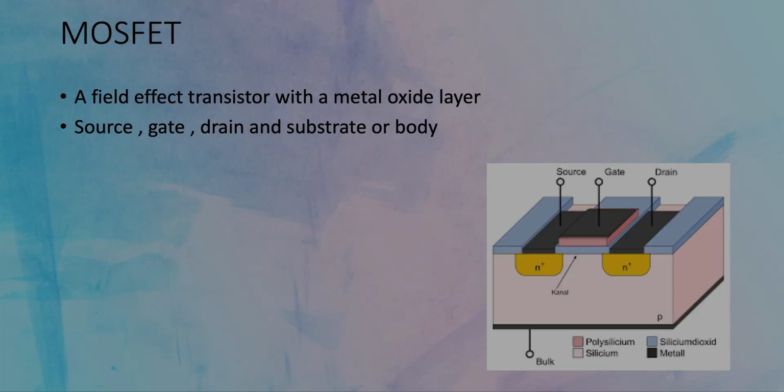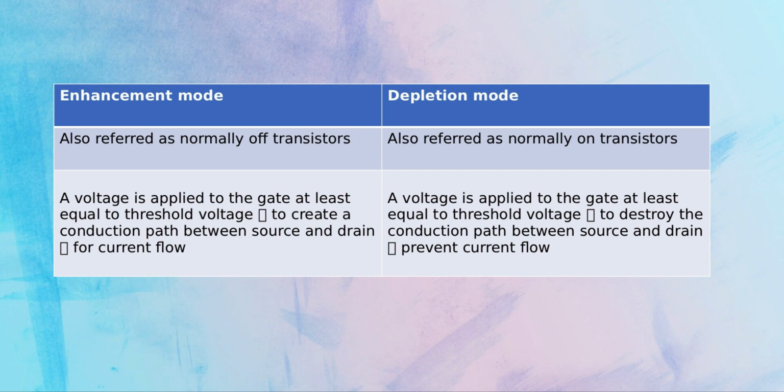MOSFETs are further classified into two categories, an enhancement MOSFET and a depletion MOSFET. An enhancement MOSFET is also referred to as a normally off transistor, and a depletion MOSFET is normally referred to as a normally on transistor. Here, the voltage applied to the gate is at least equal to the threshold voltage.